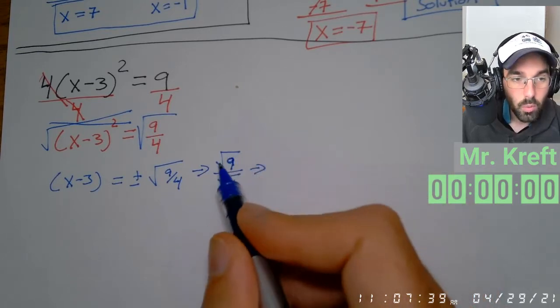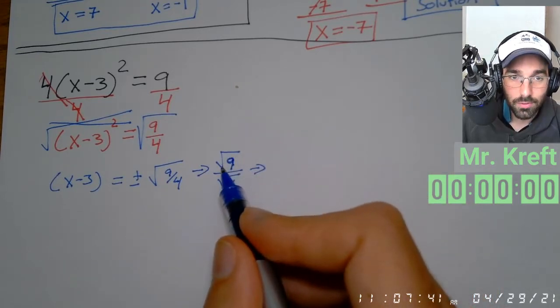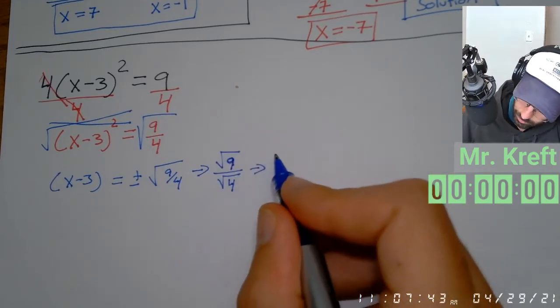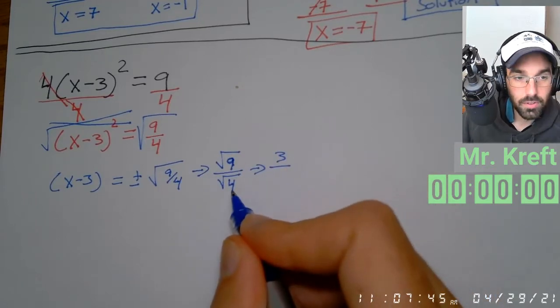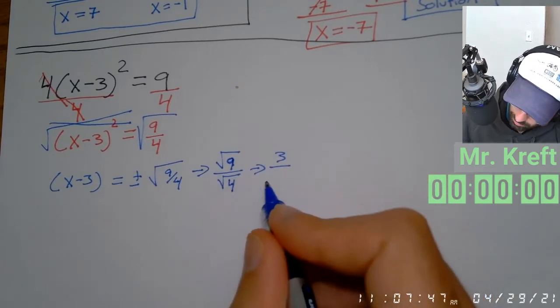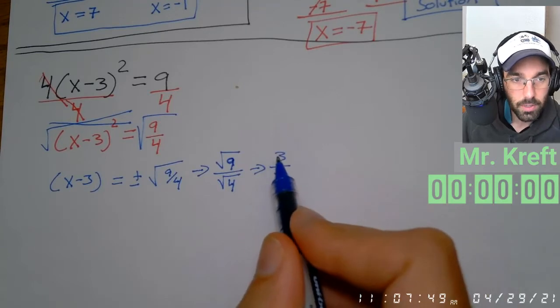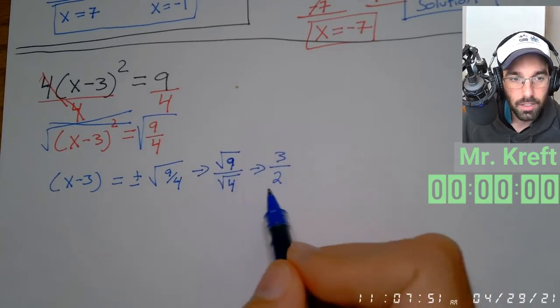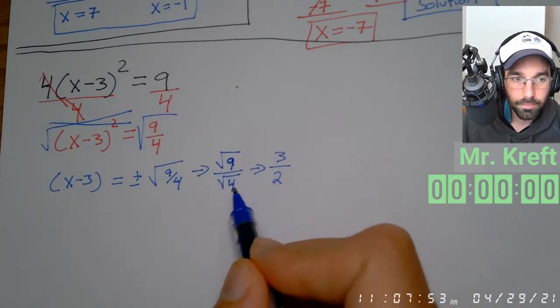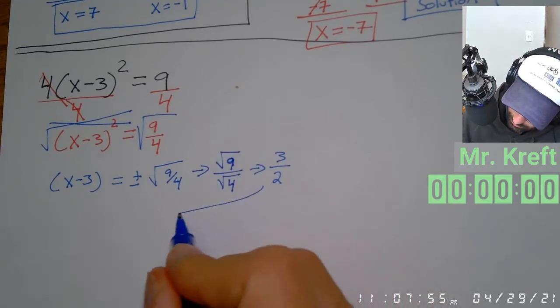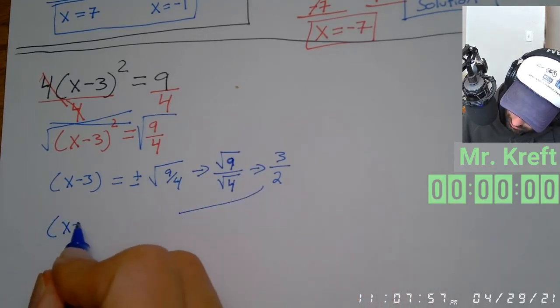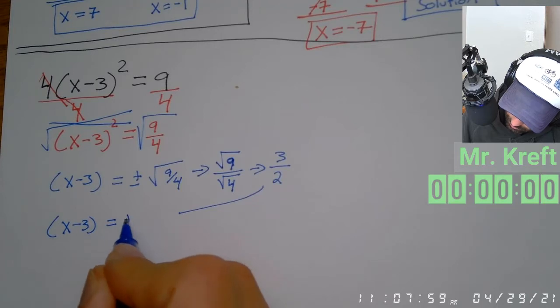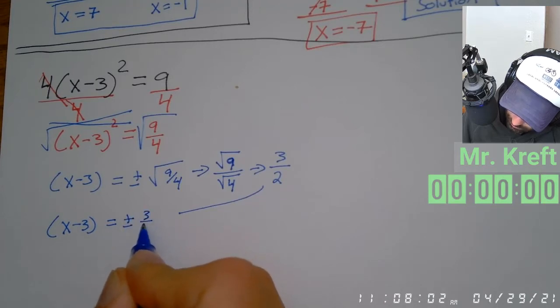What number times itself gives us 9? That's 3. And what number times itself gives us 4? That's 2. You can double check: 3 times 3 is 9, and 2 times 2 is 4. So we can rewrite this as x minus 3 equals plus or minus 3/2.